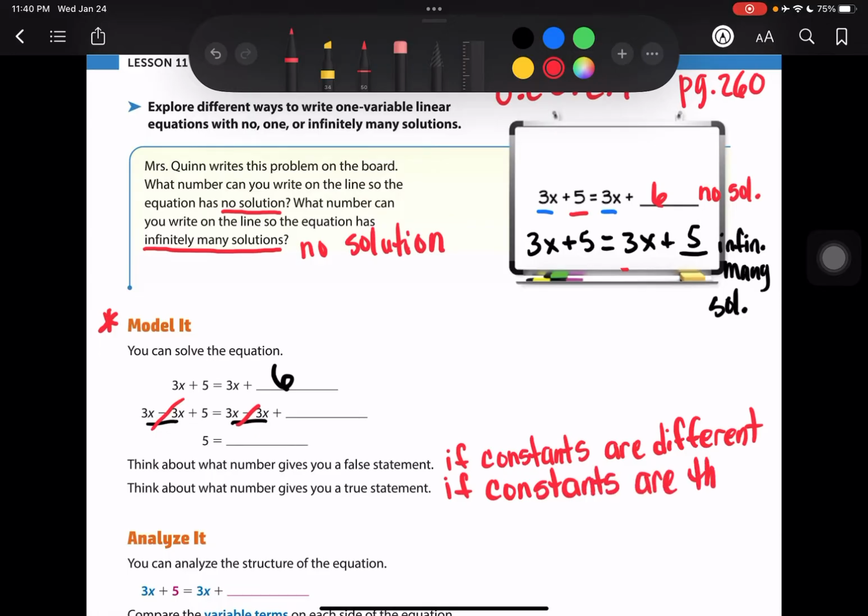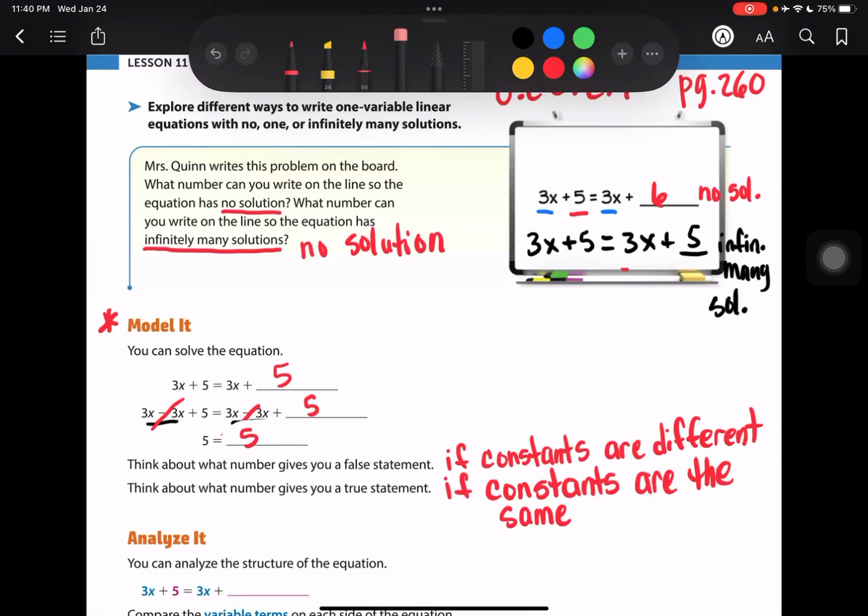So if the constants are different, you'll never have two whole numbers that are different that equal each other. So that's like when we solve this, and let's say we had this 6 there, 5 will never equal 6. Remember I told you put a not equal. In that same equation, if the constants were the same, and I replace that 6 with a 5, 5 equals 5 will make that equation true.